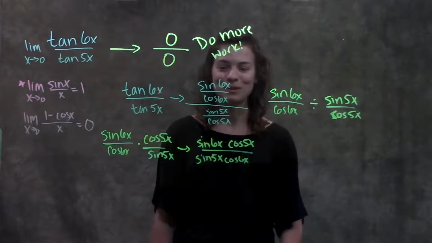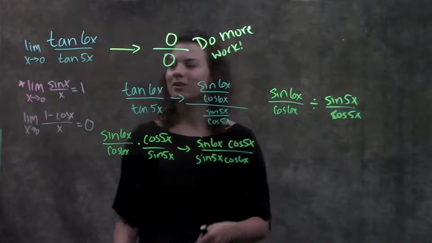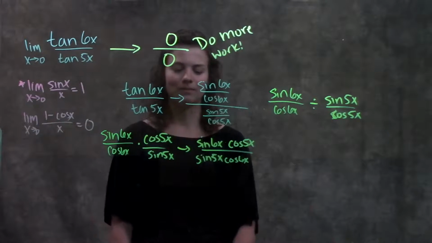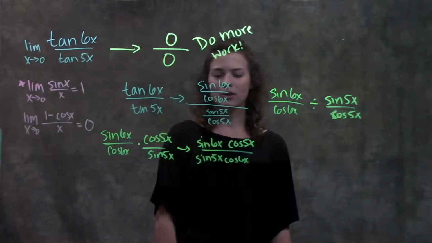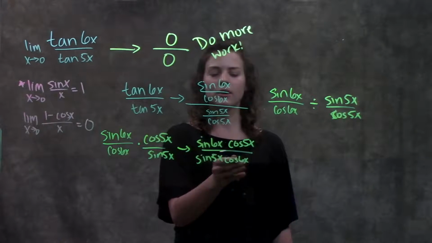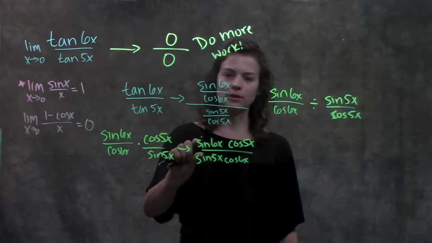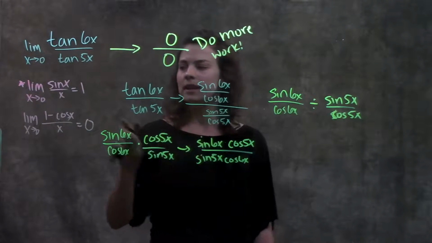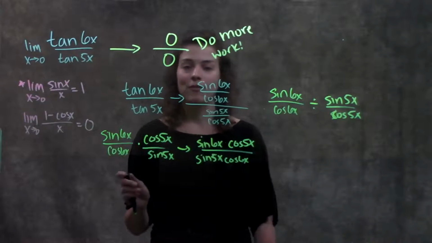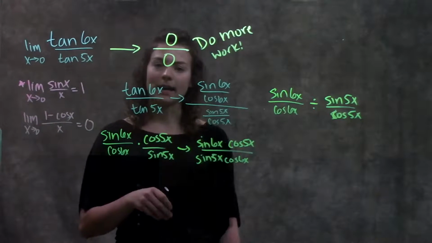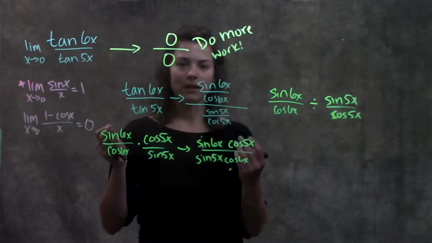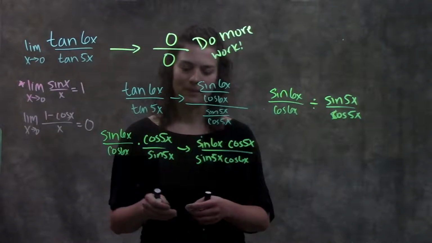Now we move on to step two, which is trying to make this function look more like one of these functions. Okay, so looking at what I have here, my cosines, they don't really match my cosine identity at all. So I'm going to first focus with my sine functions and try to make this match my sine identity. And if you remember, the sine identity said the limit as x approaches 0 of sine something over that same something equals 1.